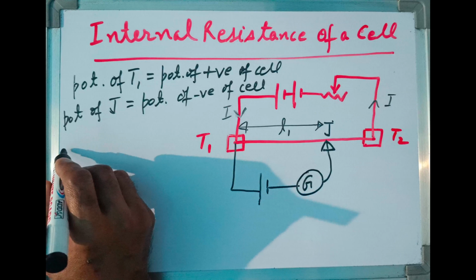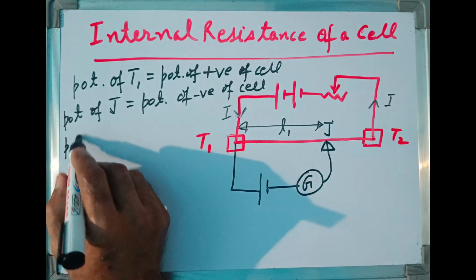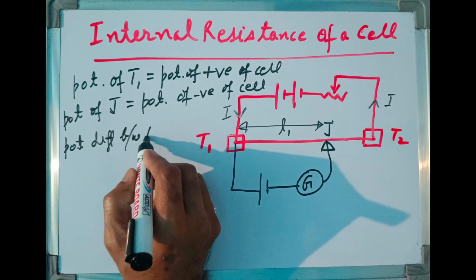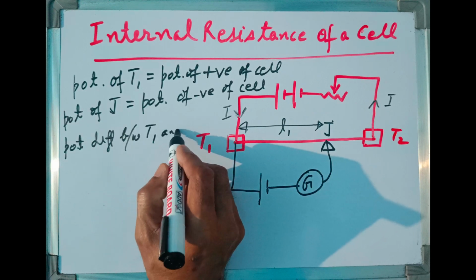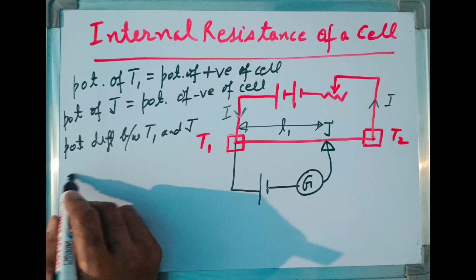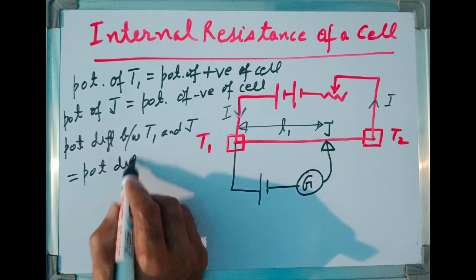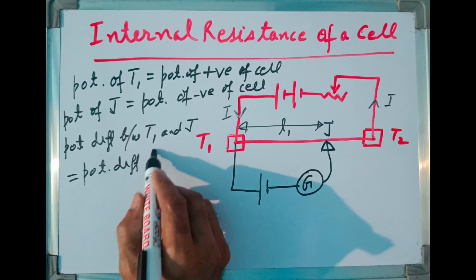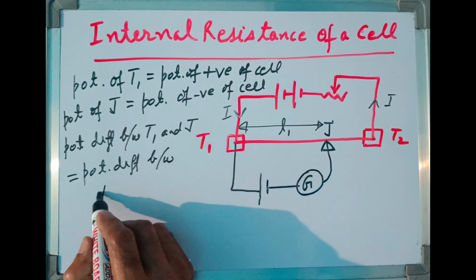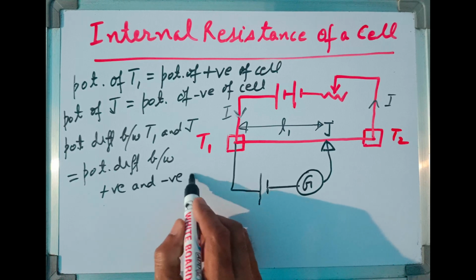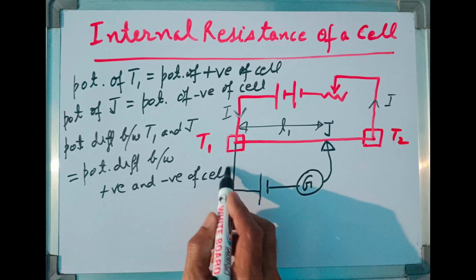Using this, I can write potential difference between terminal T1 and jockey equal to potential difference between positive and negative of cell.